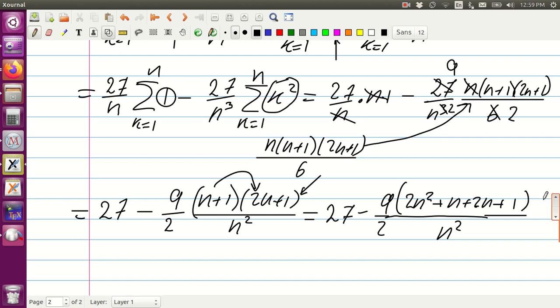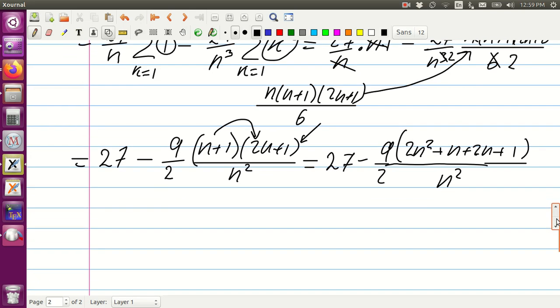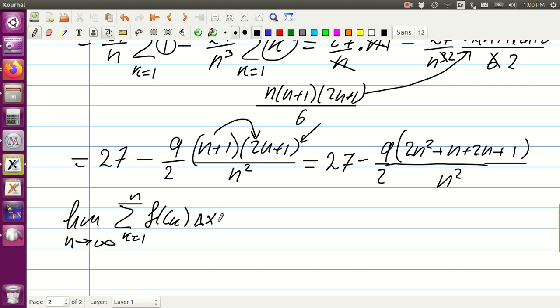All right. So are we ready to take a limit? I think we're ready to take the limit. So we take a limit when n goes to infinity of the sum when k changes from 1 through n, f of c sub k delta x, and this is our answer for the sum.